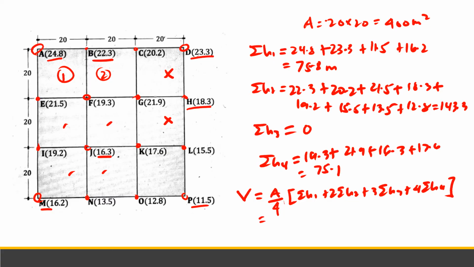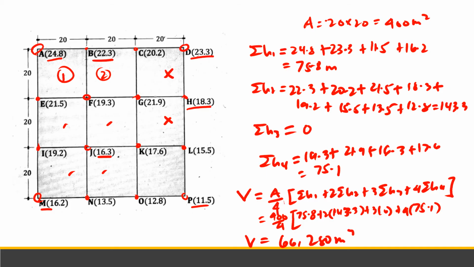Okay, so substituting the values, 400 over 4 times H1 is 75.8 plus 2 times 143.3 plus 3 times 0 plus 4 times 75.1. So the volume of the Borrow-Pitt is equals to 66,280 cubic meters. So, madali lang yung Borrow-Pitt.